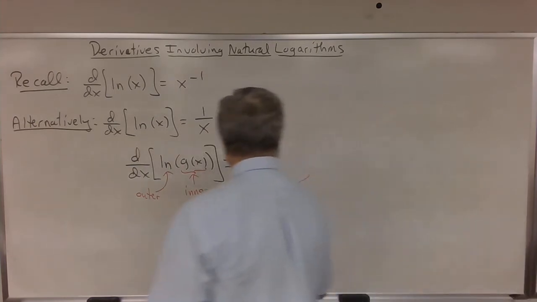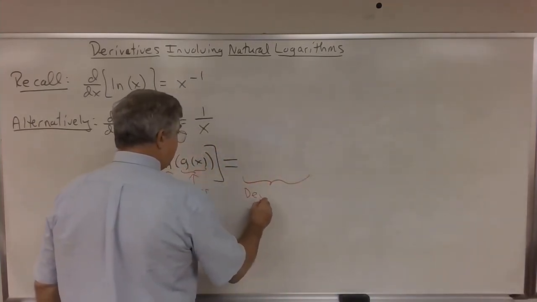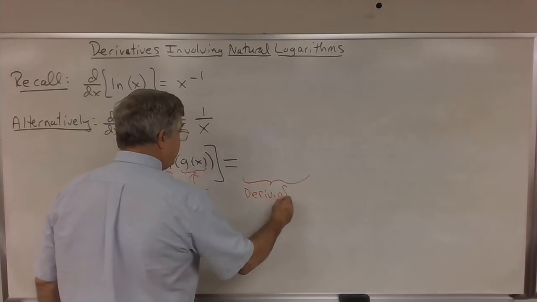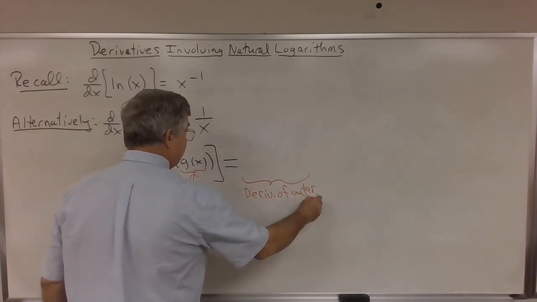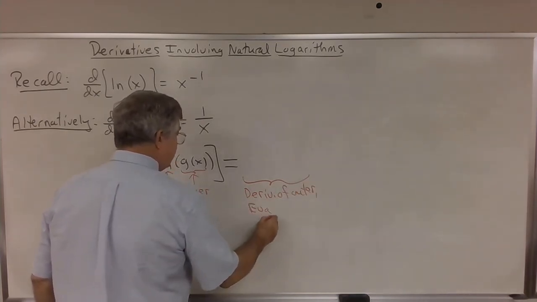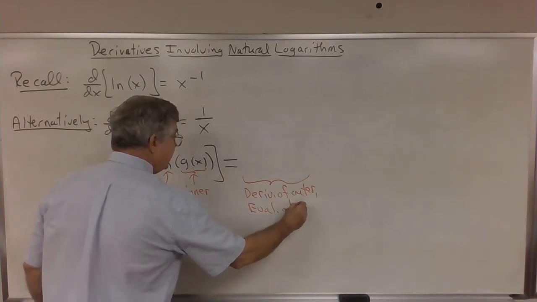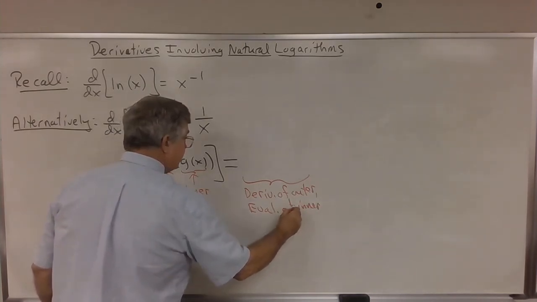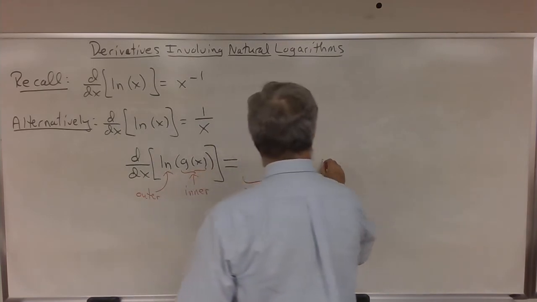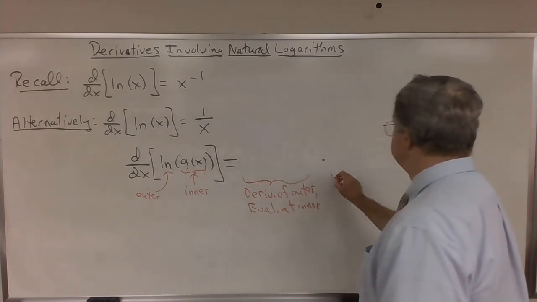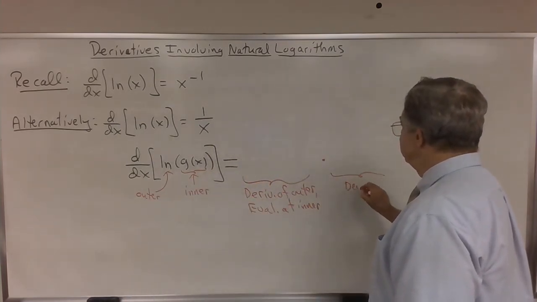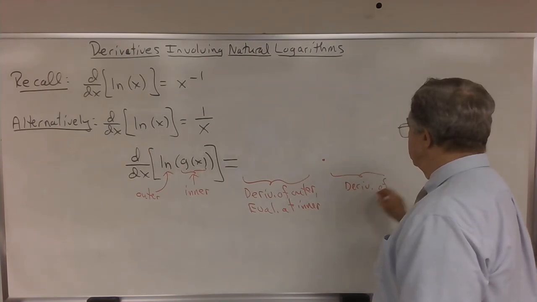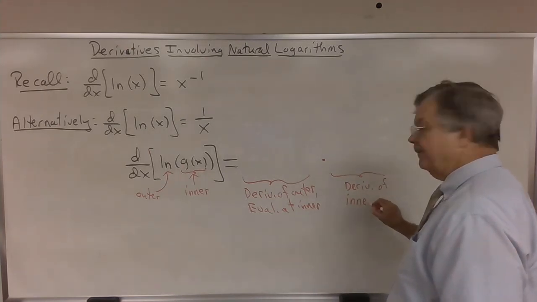Okay, so we're supposed to get the derivative of the outer, evaluated at the inner, and we're supposed to get times the derivative of the inner.